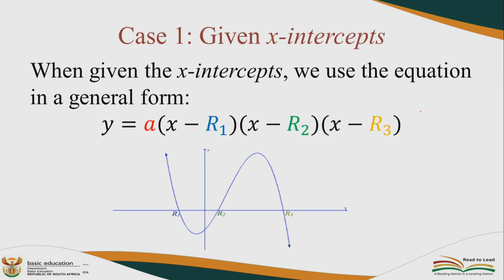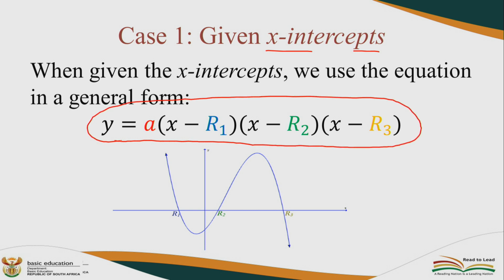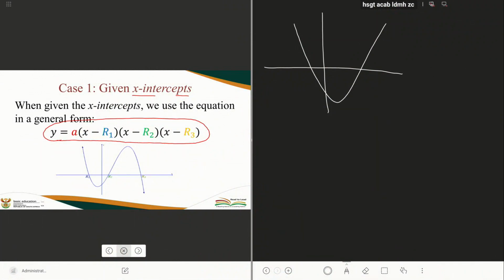When given the x-intercepts, what do we do there? We use this form of equation. From grade 11, when determining the equation of a parabola graph, we say y is equal to a(x minus root 1)(x minus root 2).